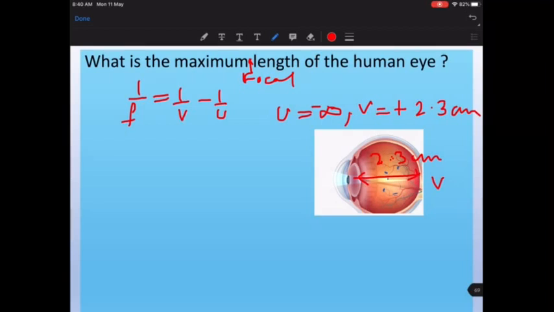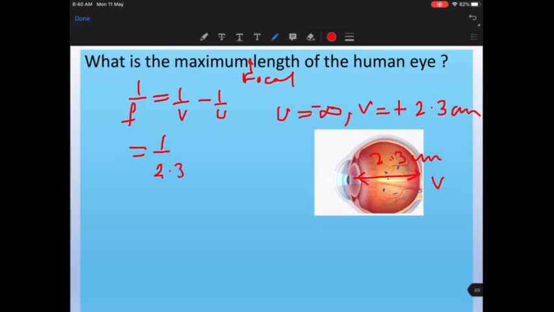This term is going to cancel because it is 0. We will be left with 1 upon f is equal to 1 upon 2.3. 2.3 is positive because it is on the right hand side of the lens.